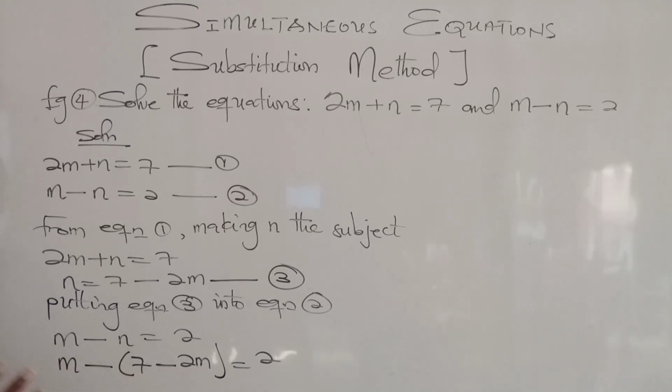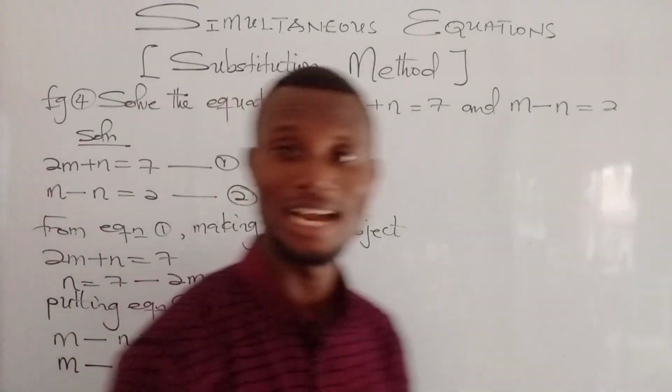That's the correct thing to do, because if you don't break the bracket, most students will get confused and let the negative affect only the 7, and that will be wrong. The negative actually affects the two terms, the 7 and the minus 2m. That's why you need to put it into brackets so that you are aware of it. I hope you understand up to this point.